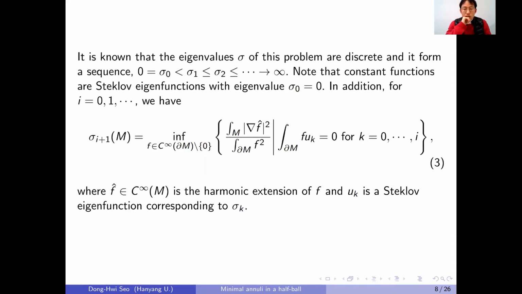So the first eigenfunction should satisfy that the integral over the boundary should be 0.